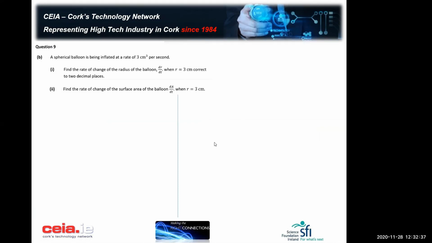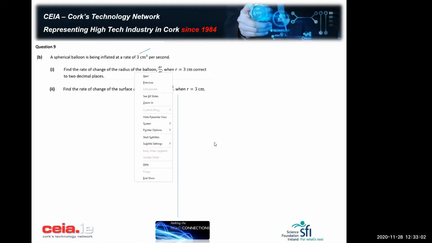Now, very often they only give you the description, they don't give you the numerical dr dt or dA dt, so this is very helpful. So what we start with first is a spherical balloon being inflated at a rate of 3 centimeter cubed per second. So what is that? D what? What is centimeter cubed?